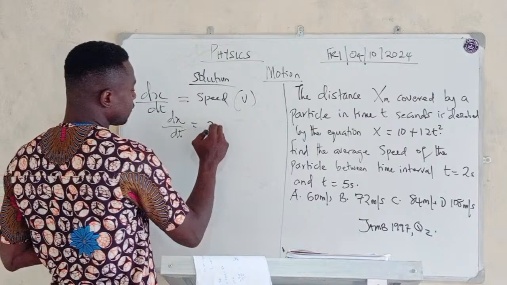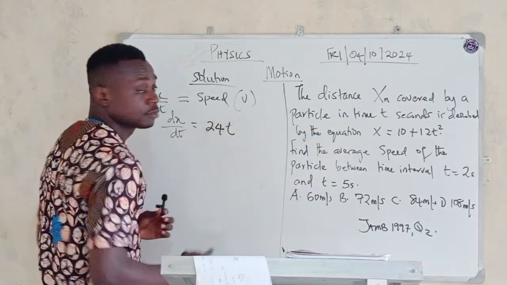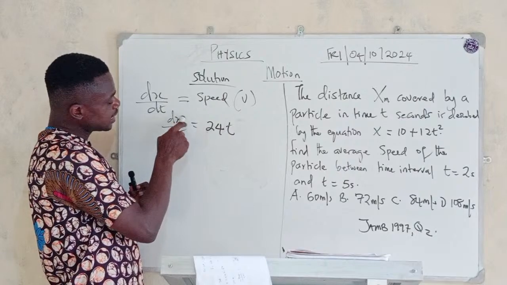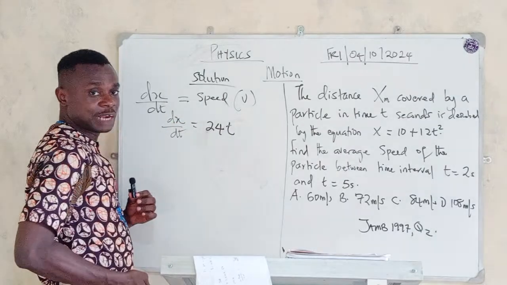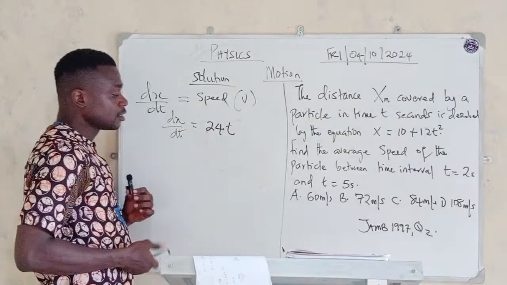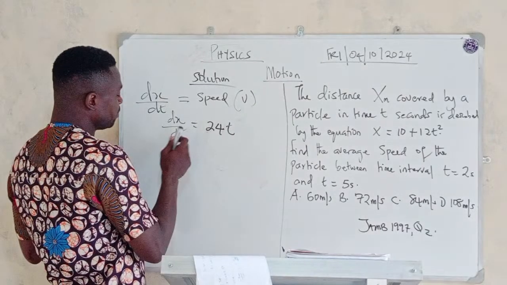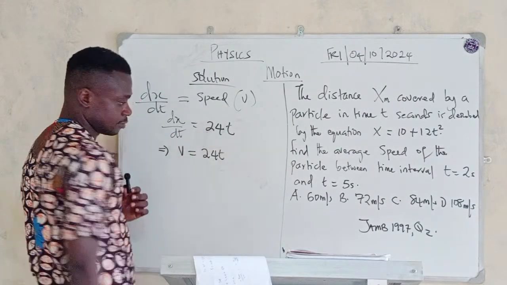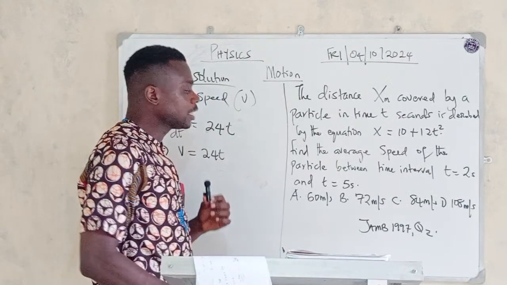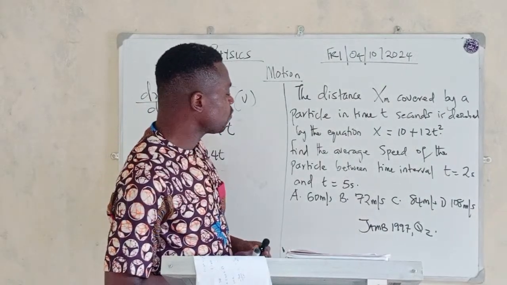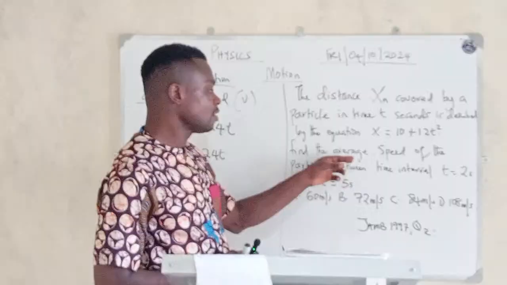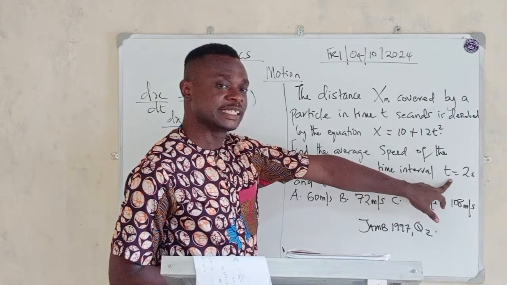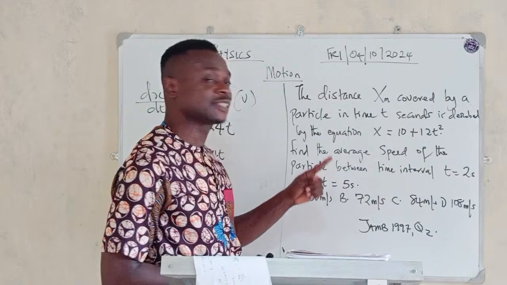So we have 24t. So dx/dt is 24t. Remember that dx/dt is speed. So this implies that v is now equal to 24t. Now, we are told to find the average speed between the interval when t is 2 seconds and when t is 5 seconds.